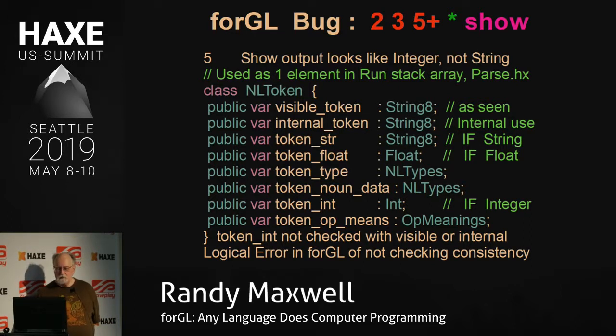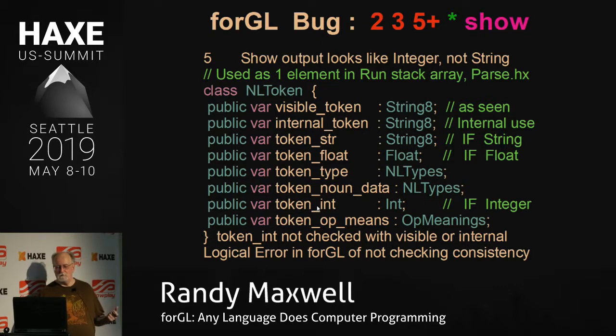It's kind of subtle, but we have 3 representations for an integer. We have the visible token. We have the internal token. Down here we have what type of token it is. Okay, so it says it's an integer type. Then over here we have the value for the integer. So what happened?